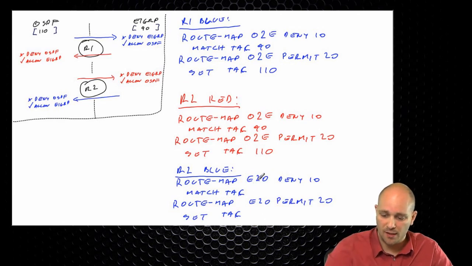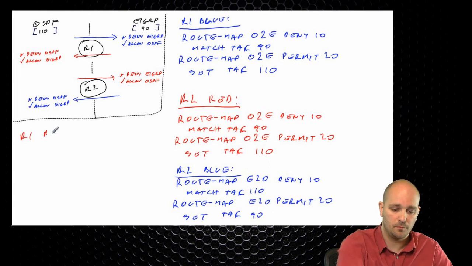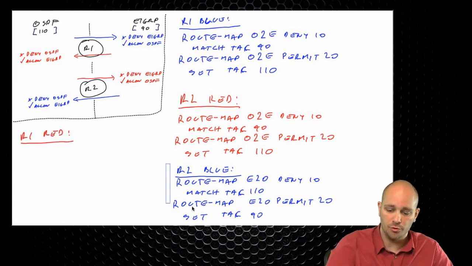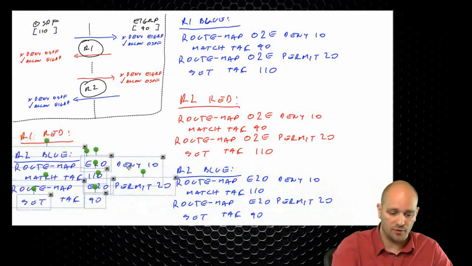So this is going to be 110, and this is going to be 90. And last but not least, let's do R1 red, which is going to be, good news, this exact same configuration here.